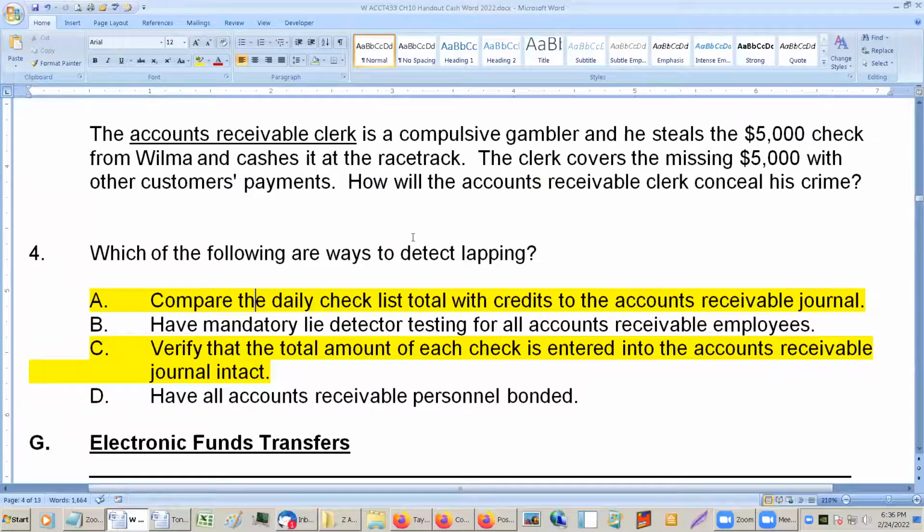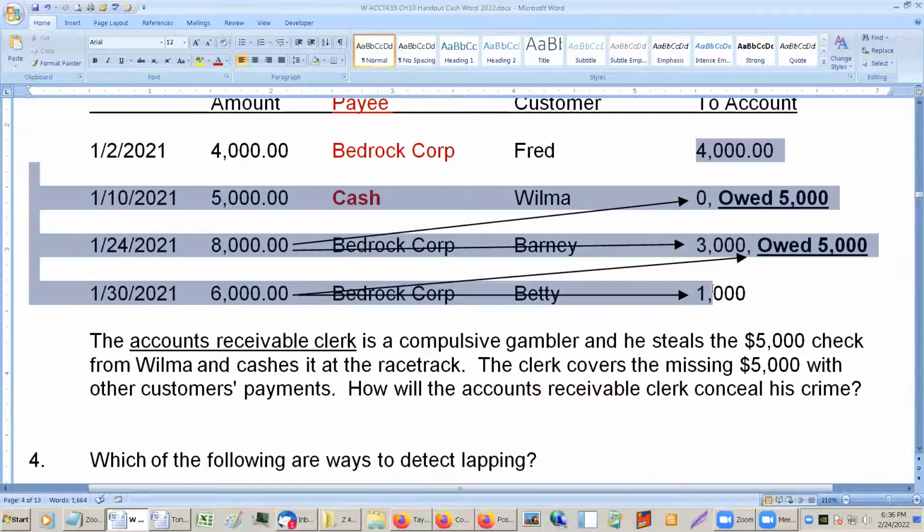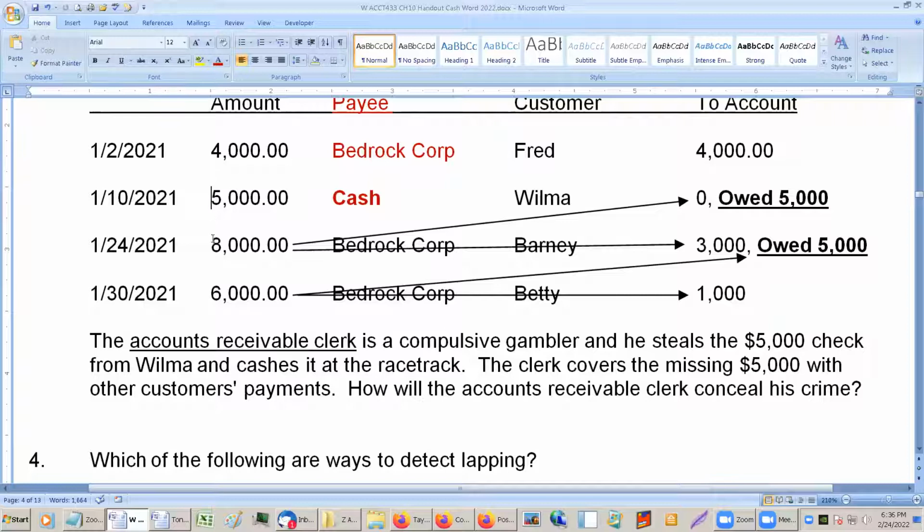So the daily checklist: you should be able to look at the total on that checklist, and that should match what is put into the accounts receivable. Notice that had they done that, this would have been caught, because the amount deposited should have been all these together. 14 and 9 is what, 23,000?